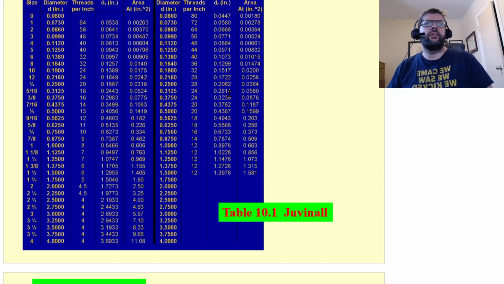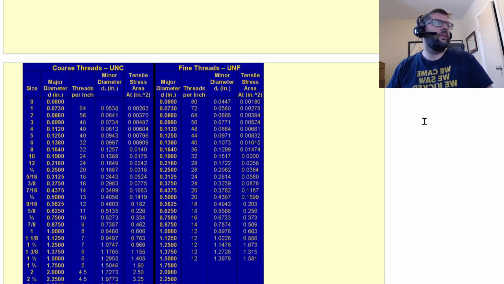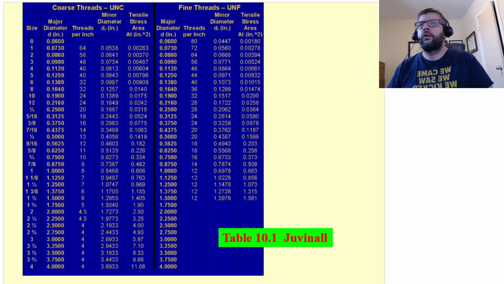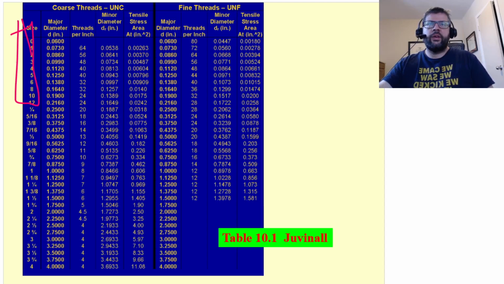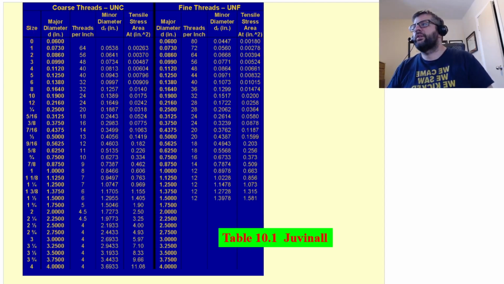So here's a few examples of what we can see. Different sizes. For smaller stuff, they give numbers, like a number 2 bolt, a number 10 bolt, and so on, all the way up to 12. After that, we start specifying it by the actual nominal size.